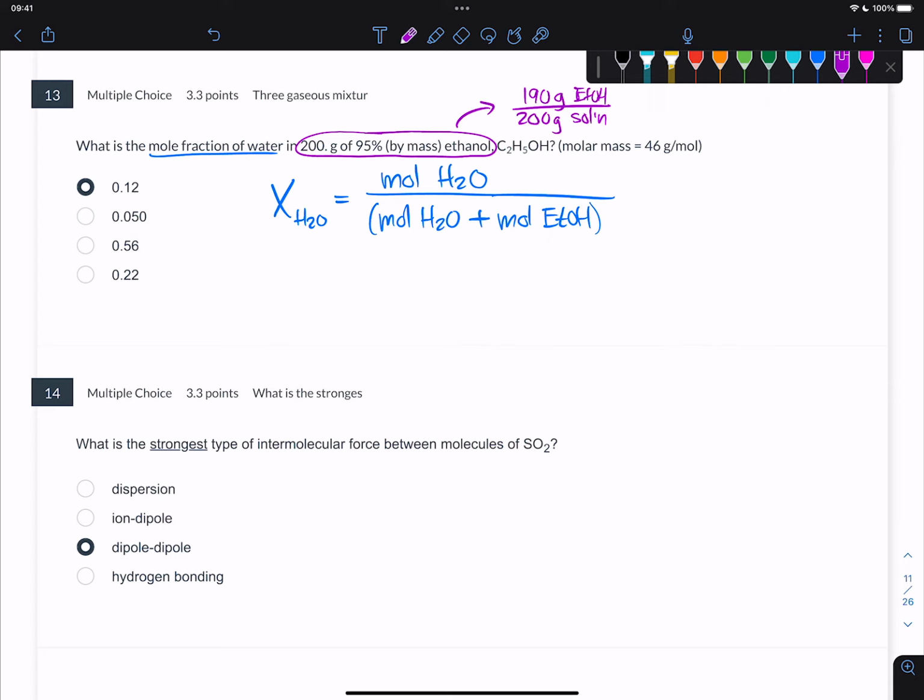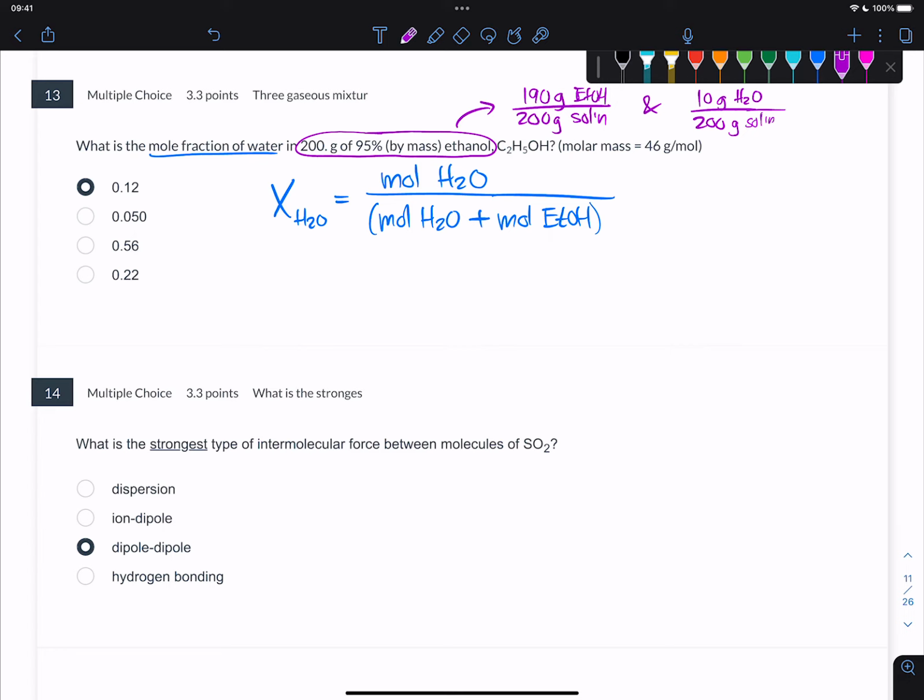Because if there's 200 grams of it, just take 95% of 200 and you get 190 grams. And that also means that the remaining 10 grams of missing mystery stuff is the water that the ethanol is also with. So 10 grams of water out of the 200 grams of the solution.